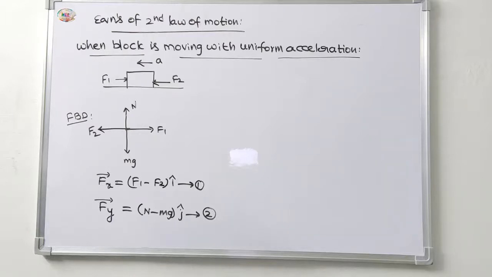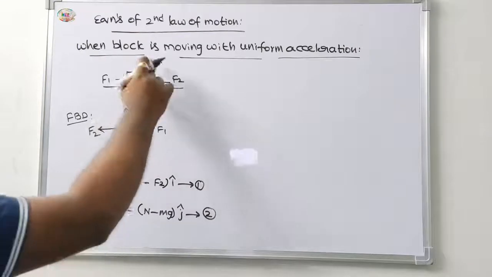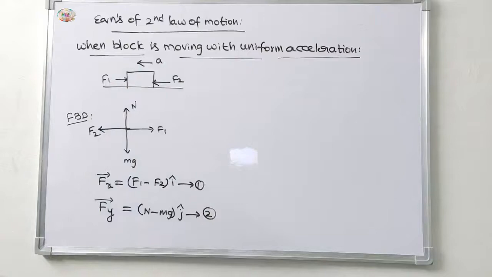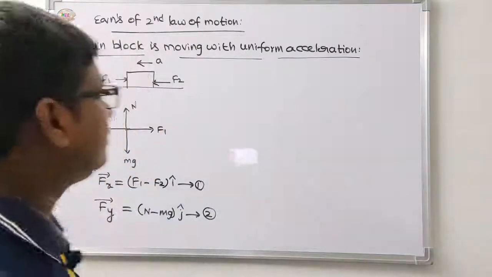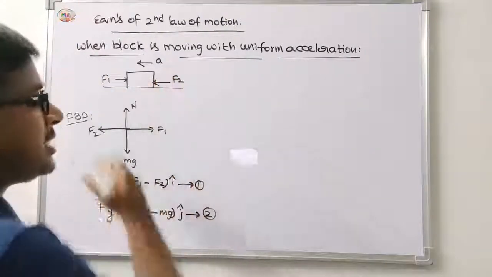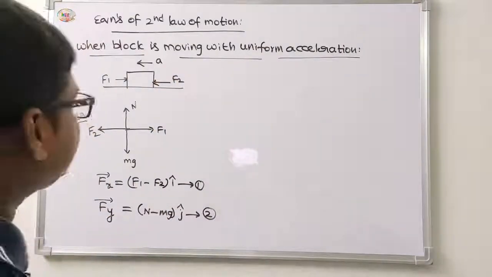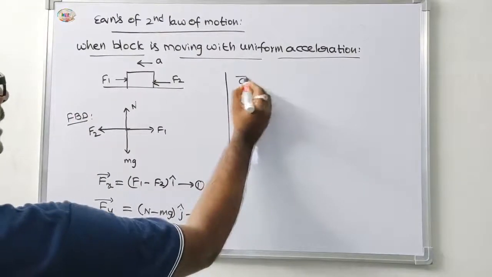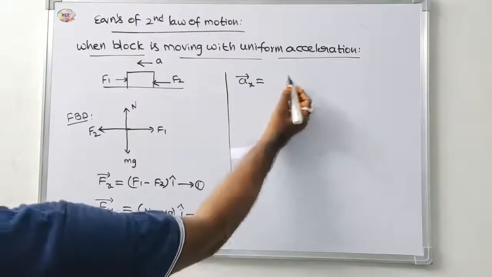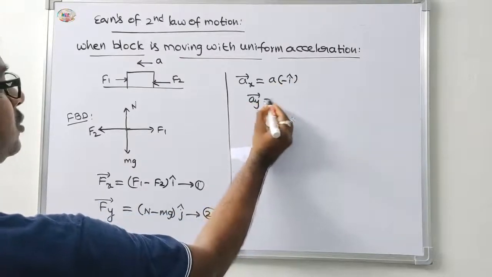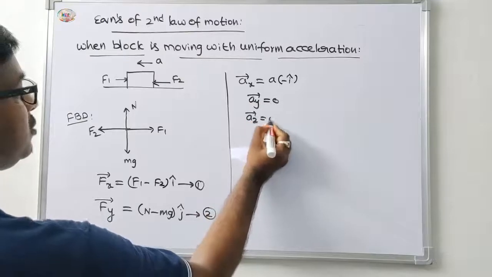As we can see, the acceleration is only along the x direction. It acts in the negative x-axis direction; forward is the positive x-axis, so the reverse direction is the negative x-axis. Then ax is equal to a into minus i cap, ay is equal to 0 and az is equal to 0.